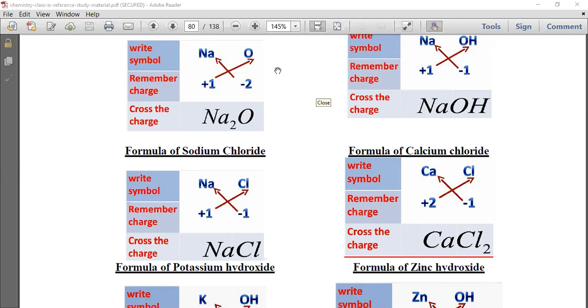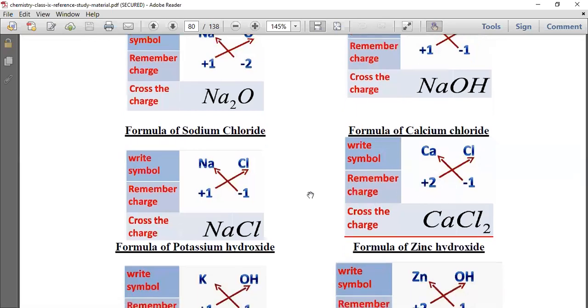Right. So, in case of Na2O, sodium oxide, sodium has valency of 1 and oxygen has valency of 2. So, we will have to use 2 sodium and 1 oxygen. So, that becomes Na2O. But in case of calcium chloride, it is reverse, right? Calcium valency is 2 and chloride valency is only 1, so we have to use 2 chlorines, and then it becomes CaCl2, right?